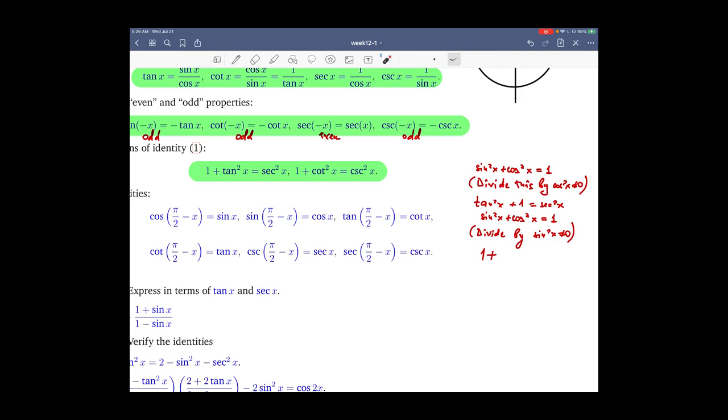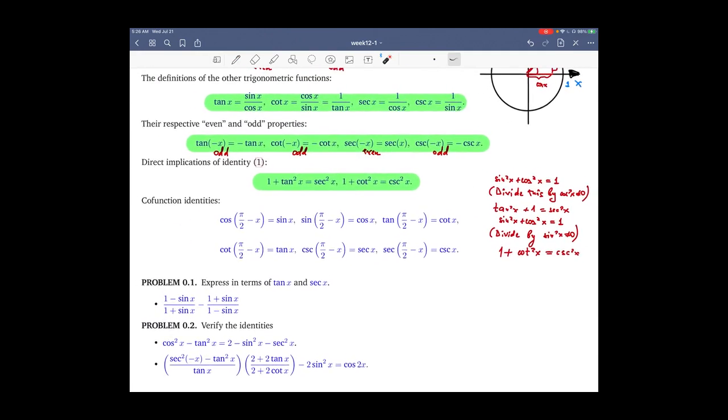When you divide cosine squared by sine squared, you get cotangent squared. And when you divide 1 over sine squared, you get cosecant squared. That is the definition of cosecant. This is how you get the second of these identities.